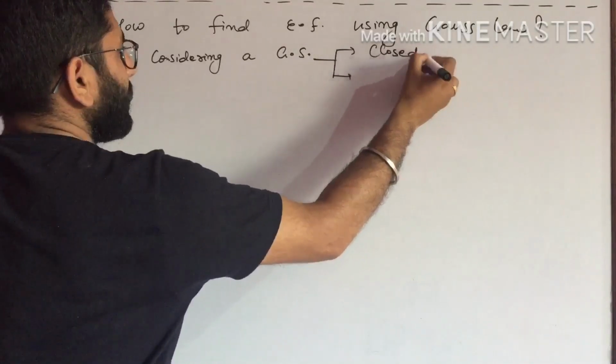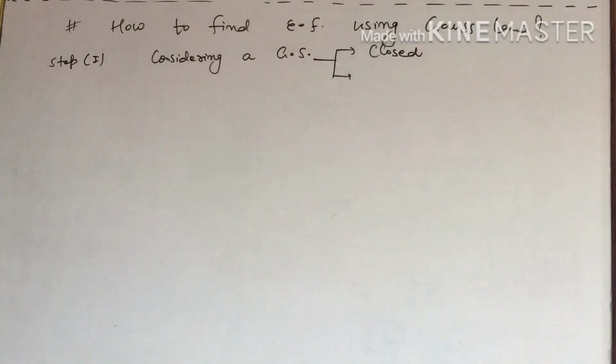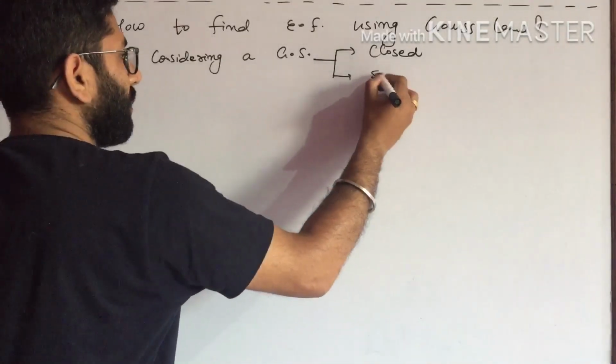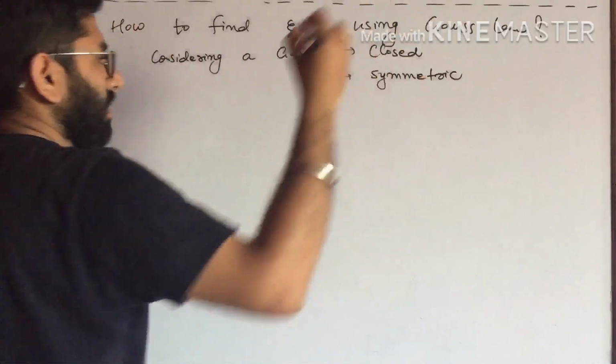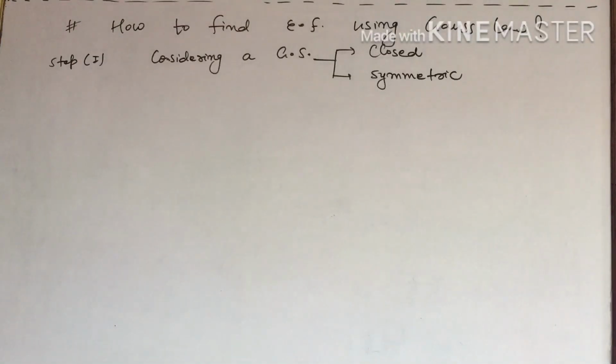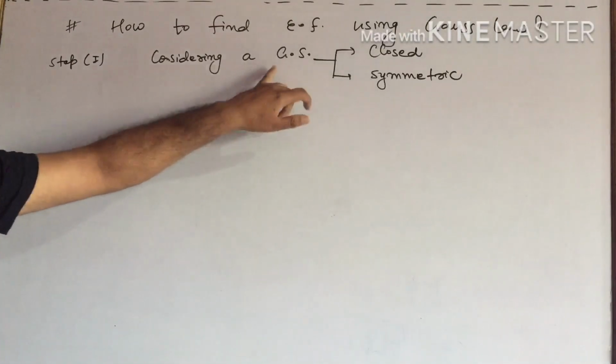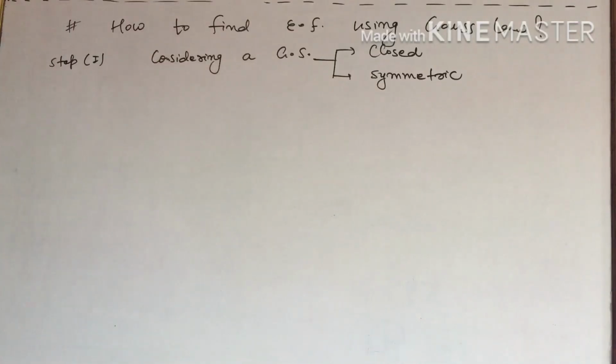The Gaussian surface has to be a closed surface, and second, this Gaussian surface has to be symmetric. So these 2 properties must be in the Gaussian surface.